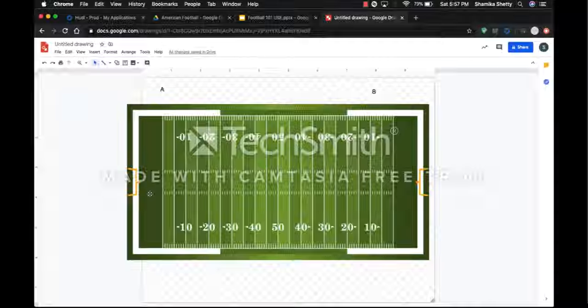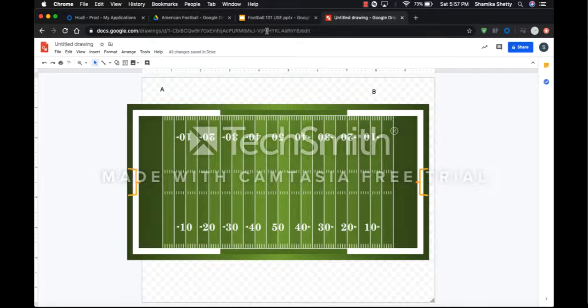So this will be the defensive end zone. This is where a team will be standing. They have to go on this side of the field to score their touchdown or their scoring point. For team B, if they're starting from here, this is their defensive end zone. They have to move towards this side to score their goal.